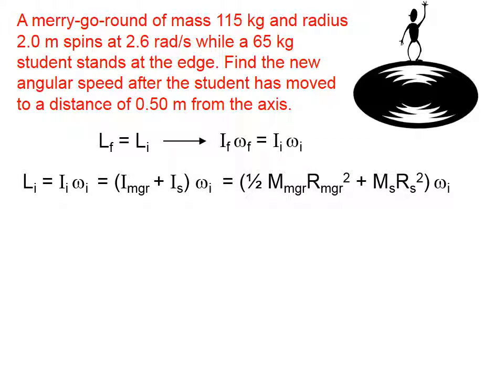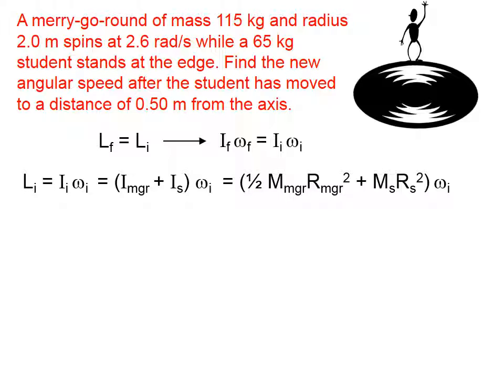So we're going to go to our table of equations for moment of inertia, and for a uniform disk of mass m and radius r, the moment of inertia for that disk spinning about its center is 1/2 mr squared.